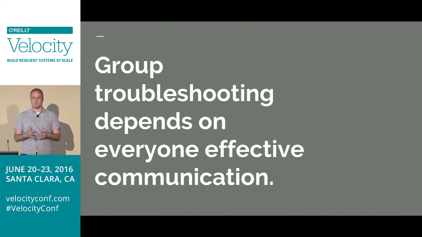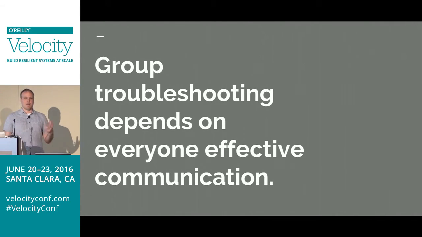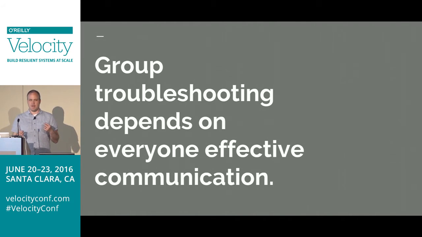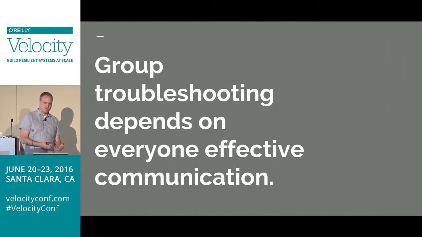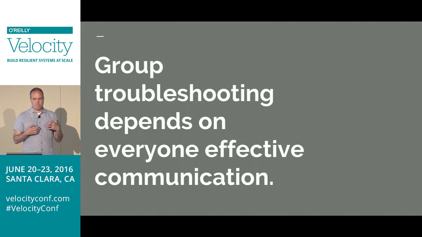Right, so we've all been on teams where something's going on, you can't figure out what it is, and everybody's racing around trying to figure it out at the same time. Sometimes you can get running around in circles, you can get stuck, you can not know who's working on what. And these are very expensive problems.